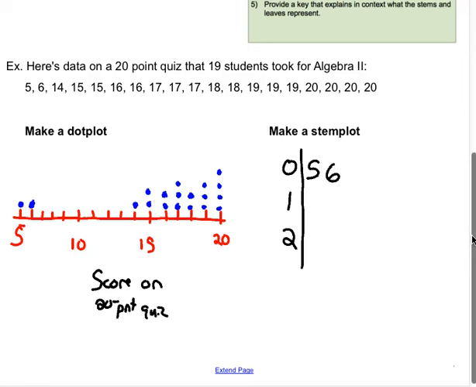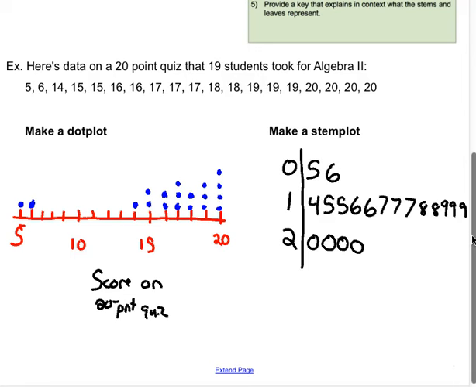The 1 represents the teens. So I put a 4 here to represent 14. 5s to represent the 15s, 6s to represent the 16s, 7s to represent the 17s, 8s to represent the 18s, 9s to represent the 19s, and now for 20, I just put a 0 to represent those 20s, okay?